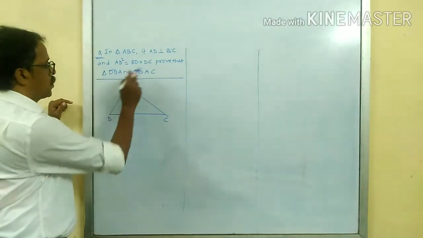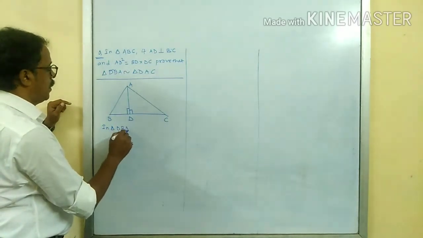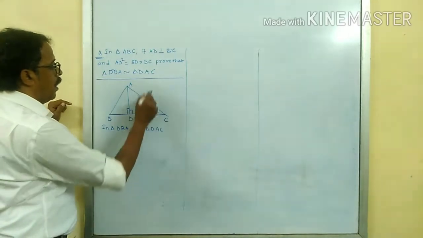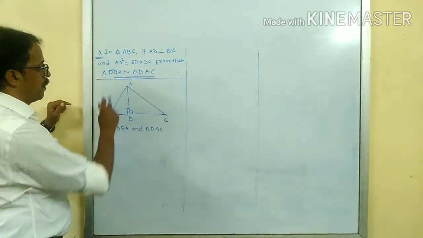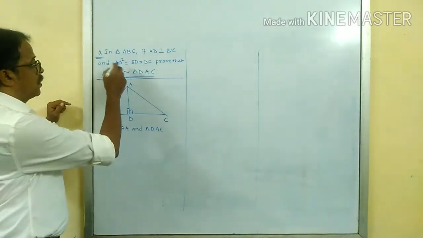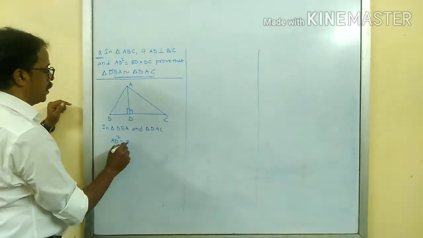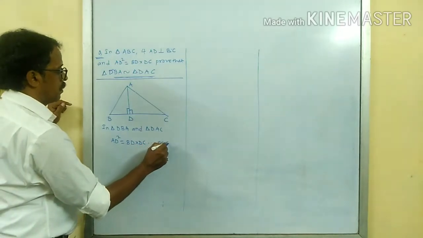Now what is given to you? We need to prove that these two triangles are similar. So I could write down that in triangle DBA and triangle DAC, because our end point is this. We have considered these two triangles. What is given to us? AD square is equal to BD into DC. This was given.